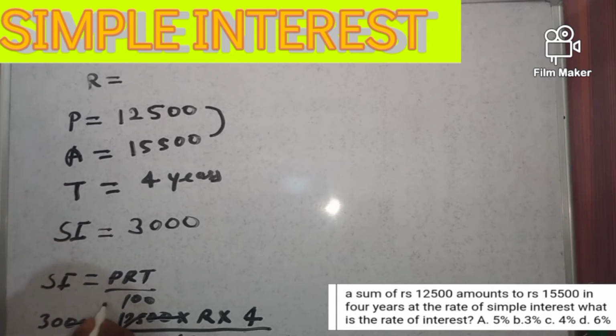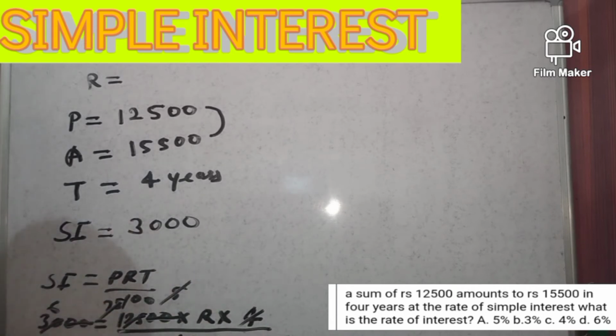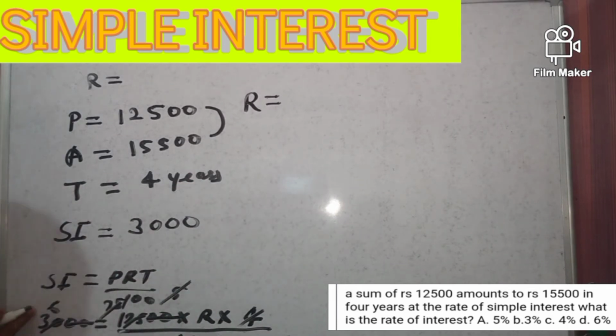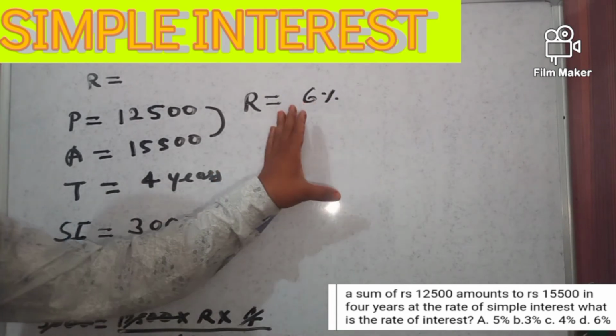Now 5 2 is 125 and 5 20 is 100, right? So 5 5 is 25, 5 6 is 30. Now 5 4 is 20 and 4 4 cancel. So R is equal to 6. See here, R is equal to 6. So our answer is 6% of this question.